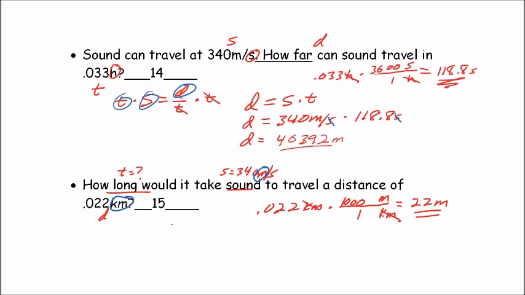If we're going to find the time, we have to rearrange that equation. Now we could use some basic algebra, or we can use that magic triangle. Now let's go ahead and use the magic triangle and see how it works here. We're going to draw a triangle just like that.